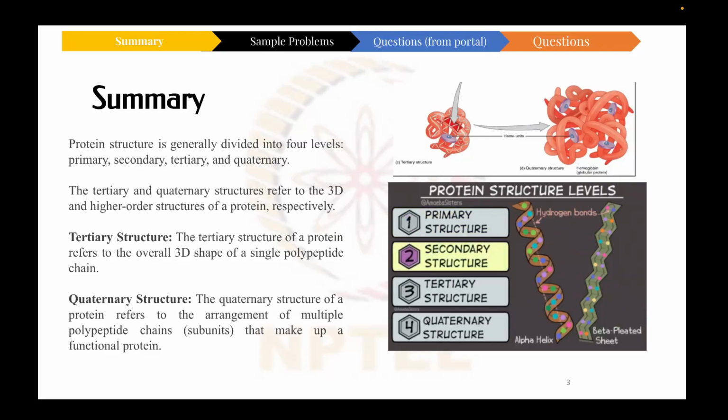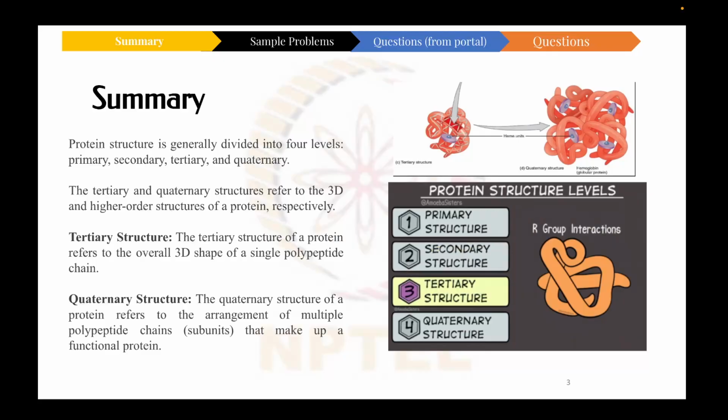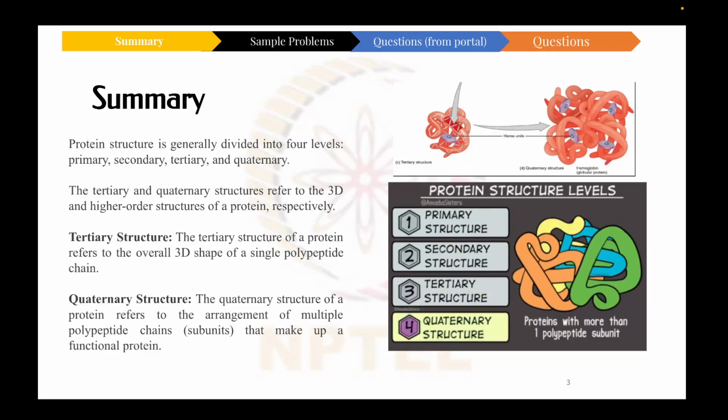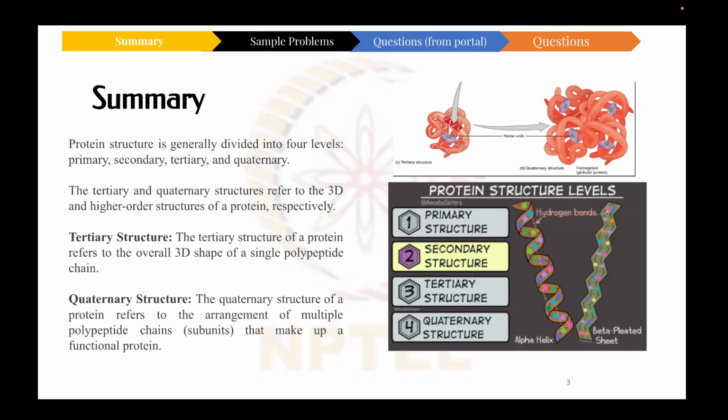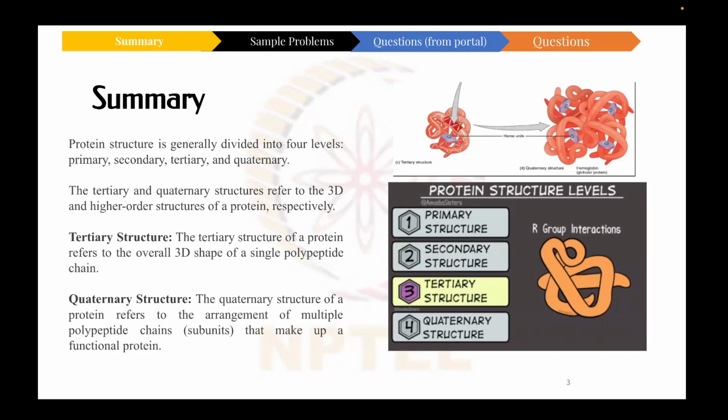First, to start with, what is protein structure? Protein structure is generally divided into 4 levels, that is primary, secondary, tertiary and quaternary. The tertiary and quaternary structure refer to the 3D and higher order structures of protein respectively.